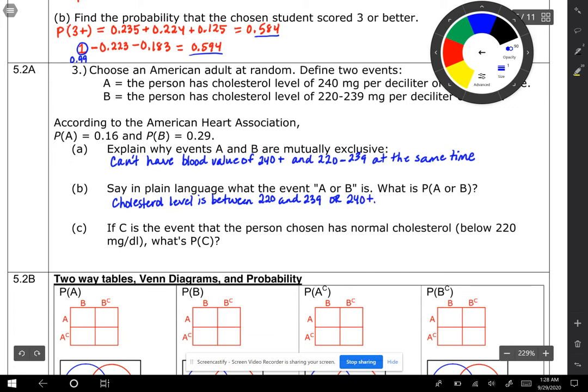And what is that probability? So the probability of A or B, and these are mutually exclusive, so add each individually, 0.16 plus 0.29, which is 0.45.